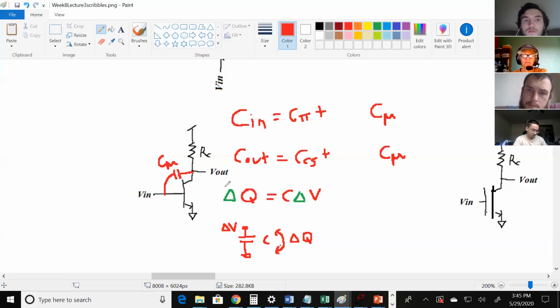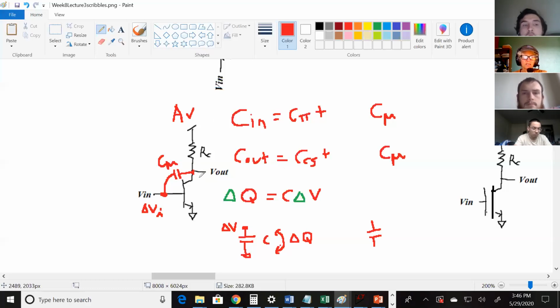Right. So let's look at what's happening to the C mu here. And let's say the gain of this amplifier is AV. If I change V in, how much does V out move? So let's say if everything's delta V here, I need a better notation, I'll call this delta VI.